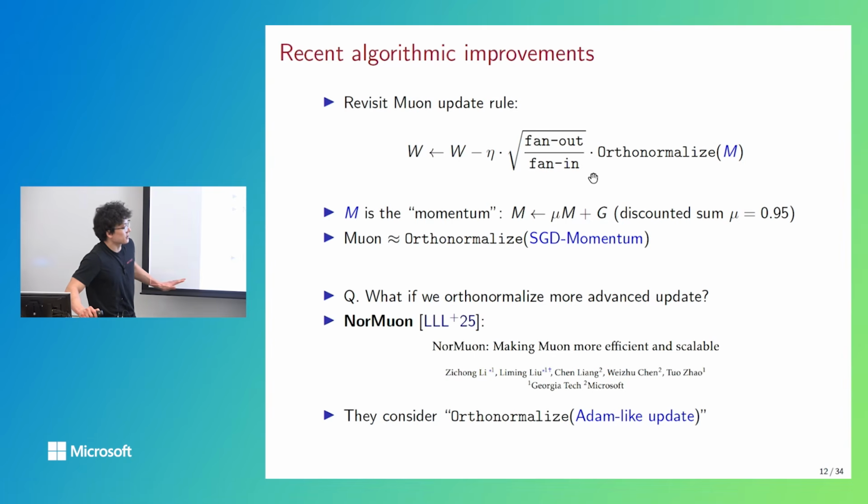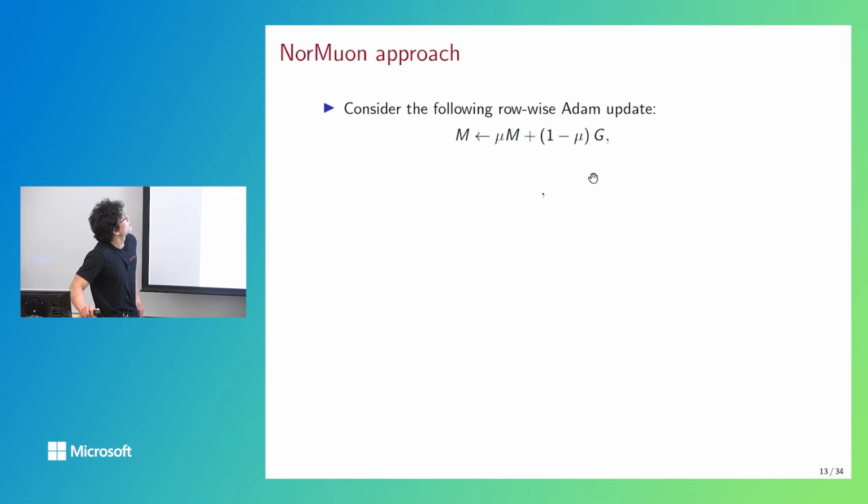They consider basically an orthonormalized Adam-like update. Let me show you some details around this. They consider a row-wise Adam update, also known as the Adam-mini update.